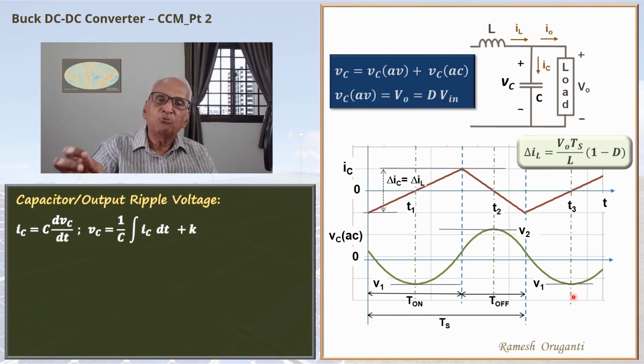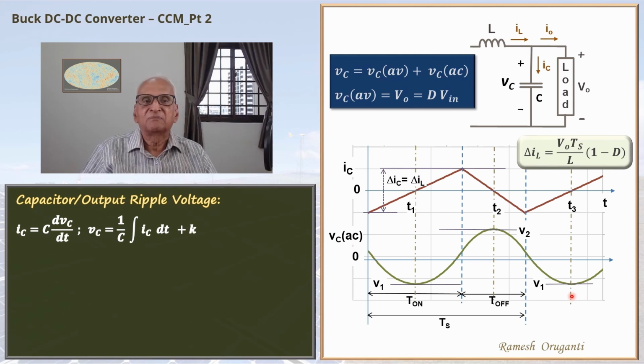And at T3, once again, the current is 0. dVc by dt is 0. So the slope here is 0. The voltage returns to V1 because we are under steady state. The capacitor voltage rises from V1 at T1 to V2 at T2 and then falls back to V1 at T3. That's the end of the period there.